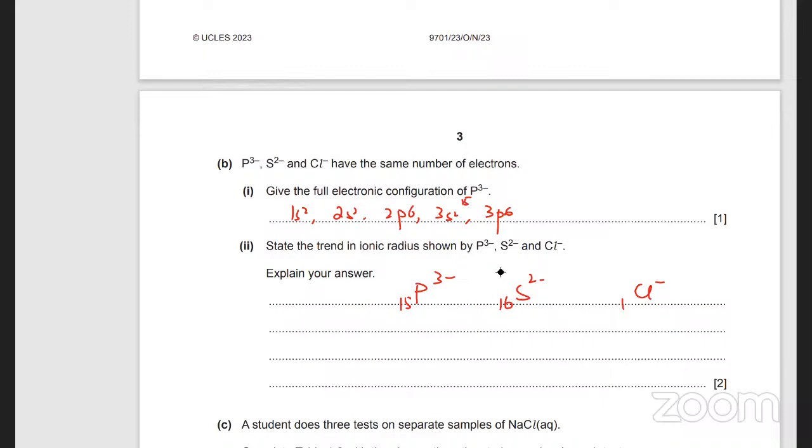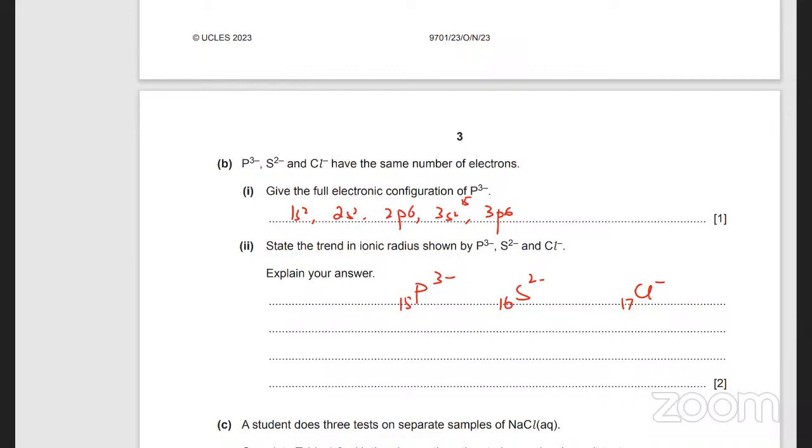I think ionic radius, doesn't it increase across a period as well? नहीं, इन तीनों को देखो. पहले तो do they have the same, how many electrons do each one have? Like how many electrons would phosphorus have over here? 18.